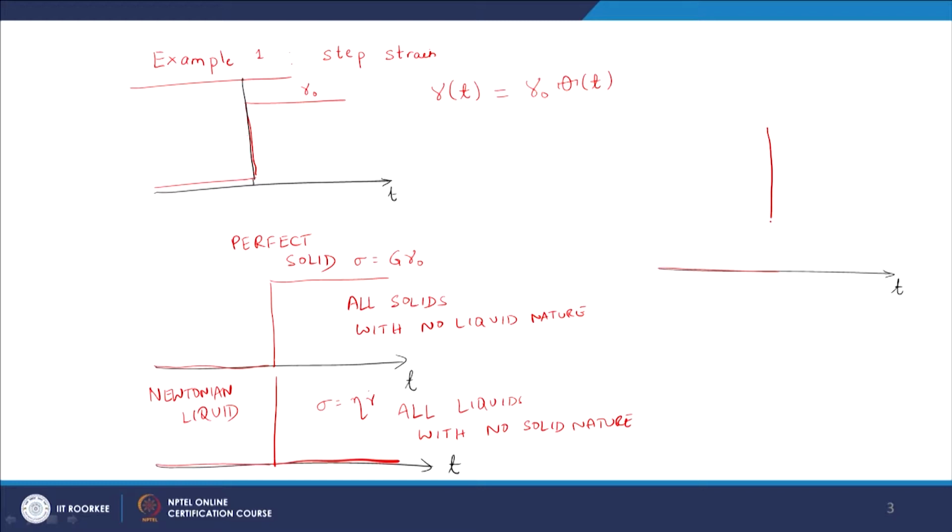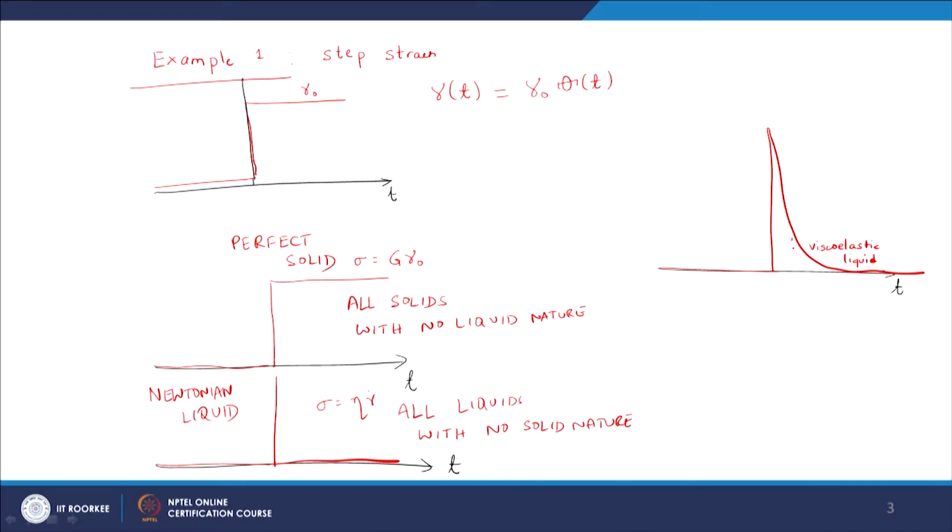So, it will take some time to start flowing, even if it is a viscoelastic liquid, and even if it is rather less viscoelastic, that means it is more viscous, more liquid-like, even then it will take some time to start flowing. So, essentially what we will have is we will start with a high stress and then the stress will fall down if it is a viscoelastic liquid.